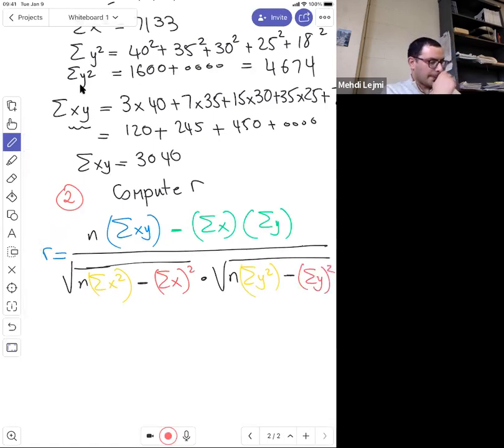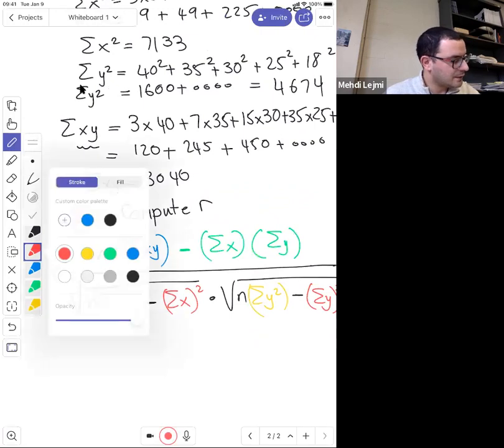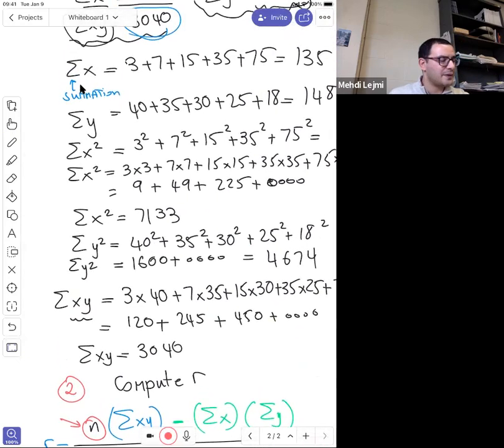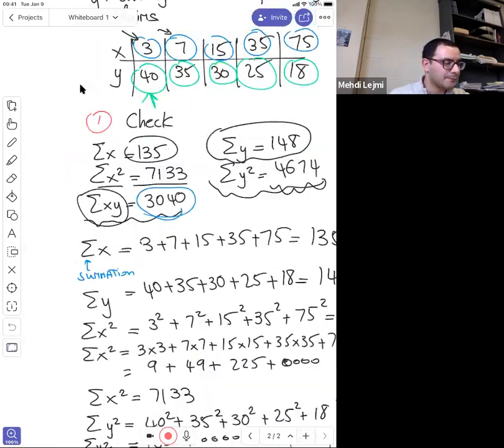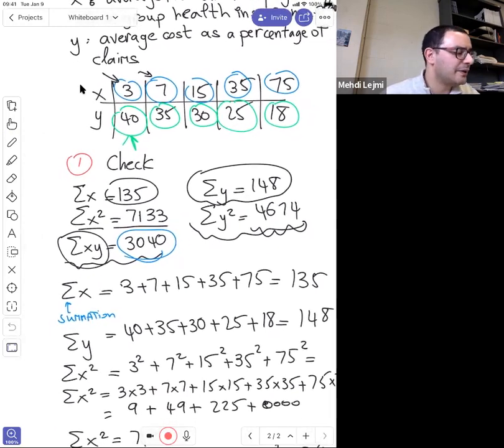First, in this formula, we have this n. What's this n? That's the size of the sample, the number of data pairs. So how many columns, how many data pairs do we have?